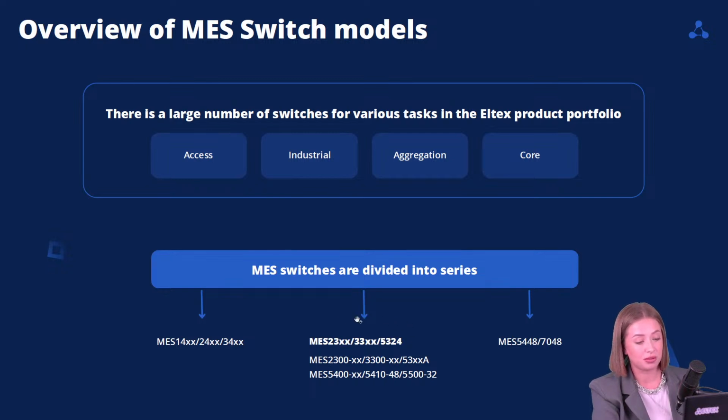For this line, we support non-stop forwarding: when the master router fails, the backup router will immediately take the place of the master. And for the industrial switches, as I remember, we support stack, but not 8 devices in a stack, I think 3.